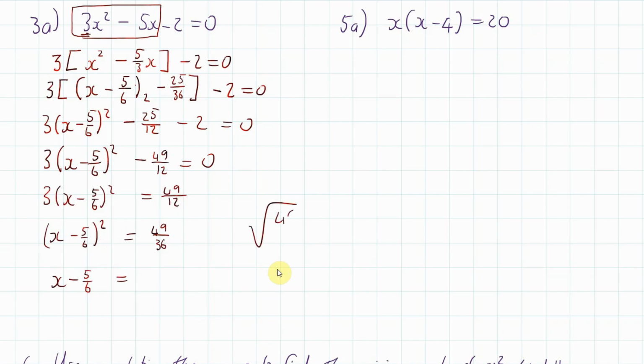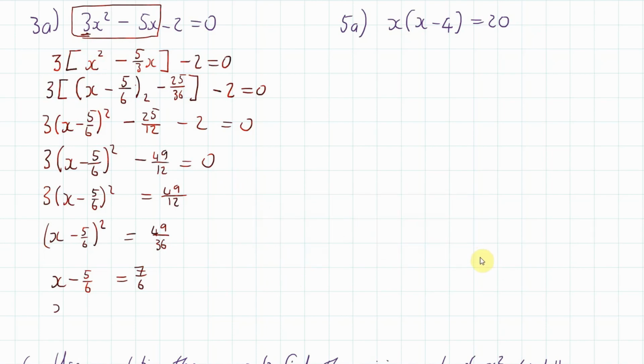If we square root 49 over 36, that's the same as square rooting 49 over square rooting 36, which is equal to 7 over 6. Okay, so we should get 7 over 6, but why don't you just check on your calculator to see that I'm not lying to you? I mean, I shouldn't. I can get things wrong. Okay, 7 over 6 it is, right?